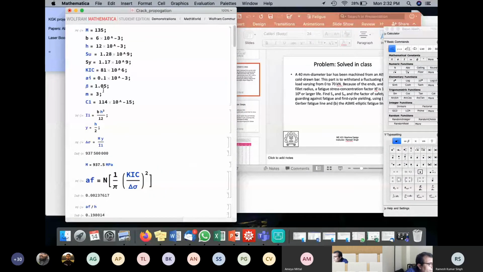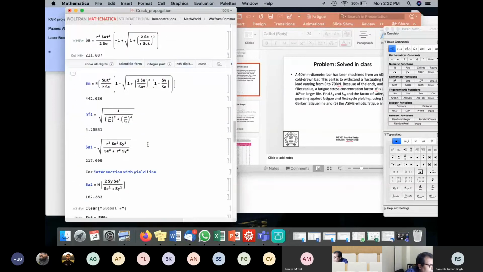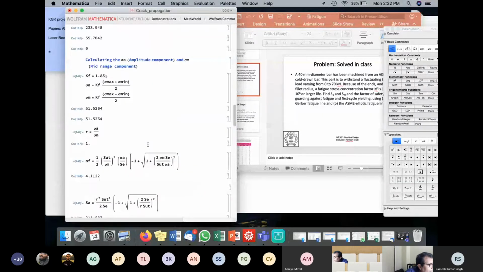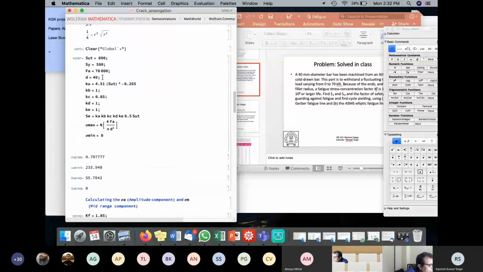If I find my SE uncorrected, SE dash, my uncorrected SE is 0.5 SUT, right? But I have to have some modifiers for that. So let's now find the corrected one.